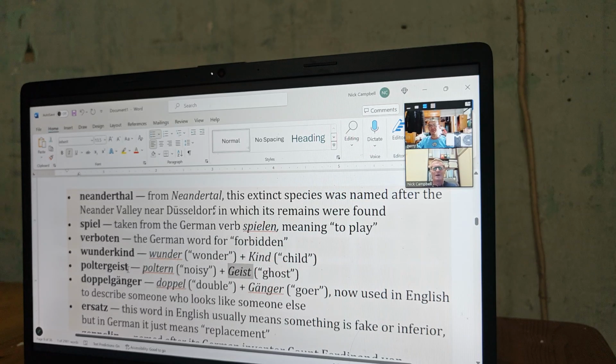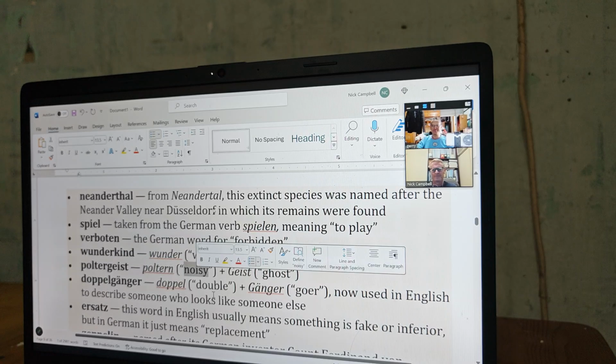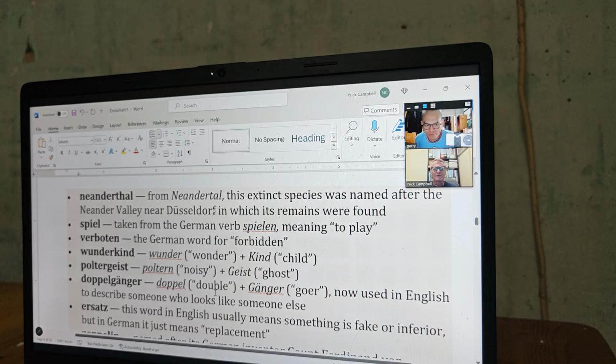And Poltern is the German word for noisy. So a poltergeist is a type of ghost who haunts people by making noises. So when people hear "Ooh," then they say, "Oh, there's a poltergeist in the house."